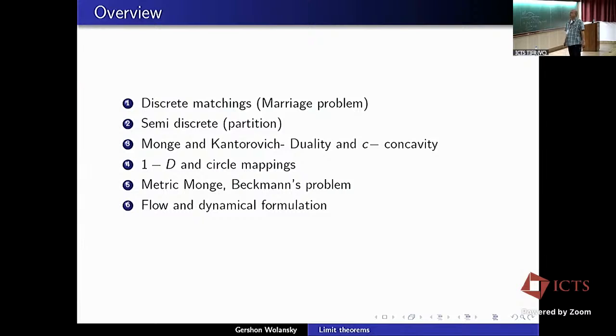Flow and dynamical formulation is also a subject that we will discuss, I hope. And finally, limit theorems and branching.